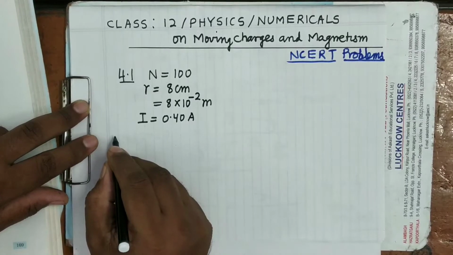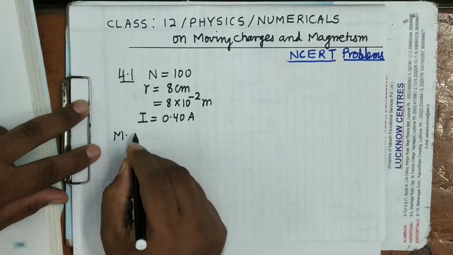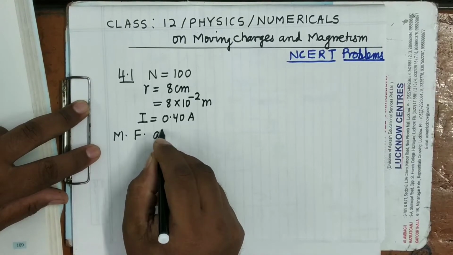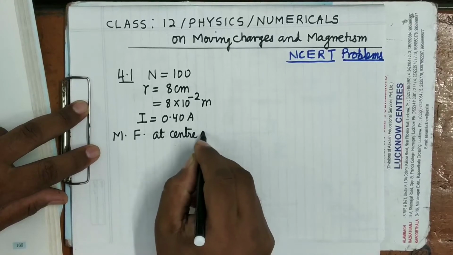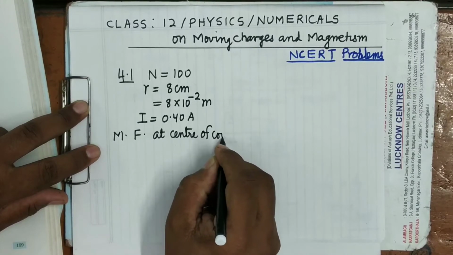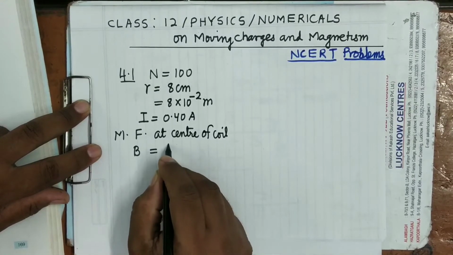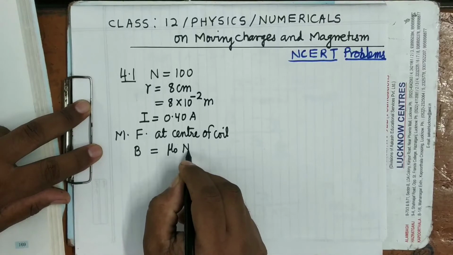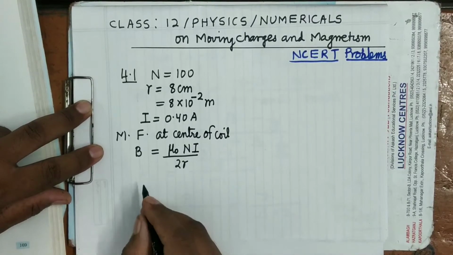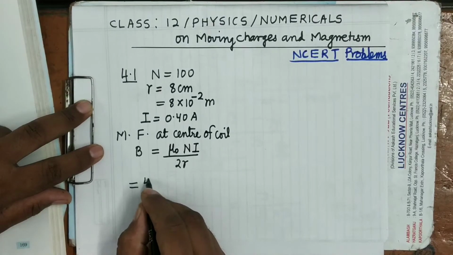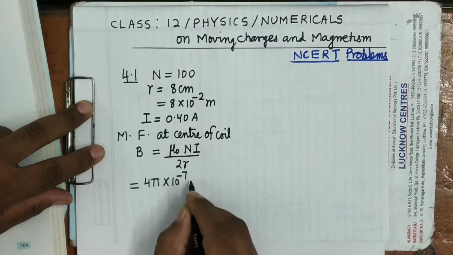So what is the formula? Magnetic field at the center of the coil, B equals mu naught N I upon 2R. Mu naught you can write 4 pi into 10 to the power minus 7.